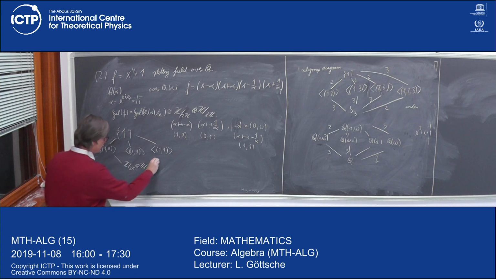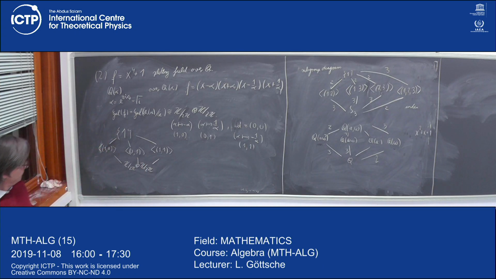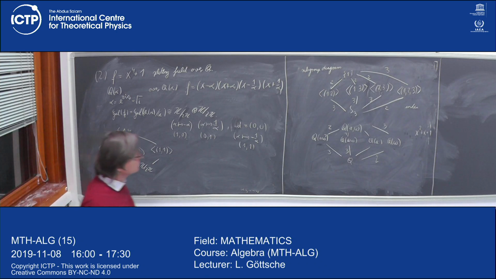So these are all the subgroups and these are all the inclusions. So what are the corresponding intermediate fields?